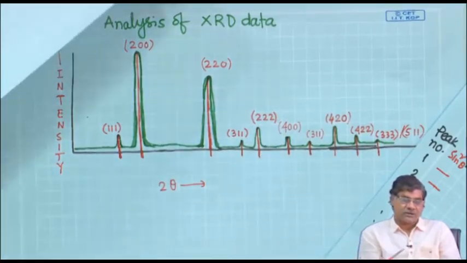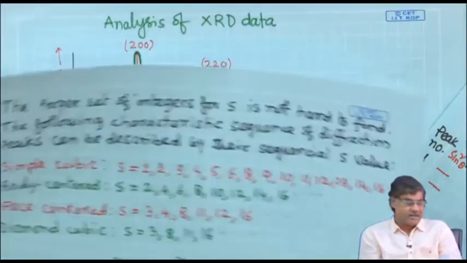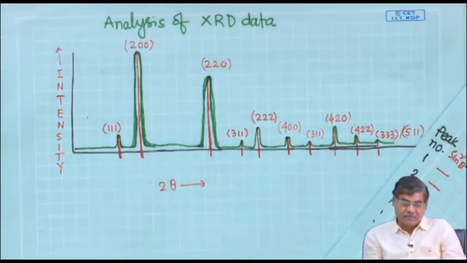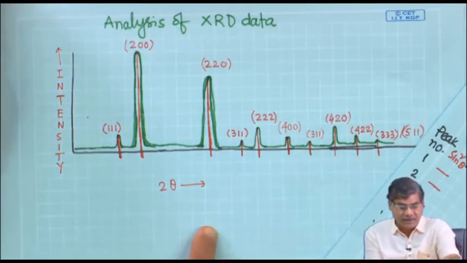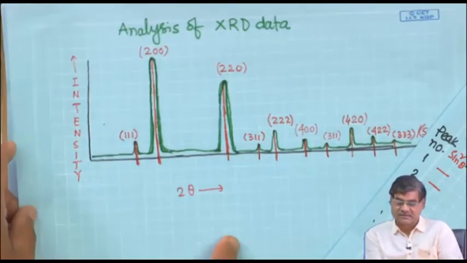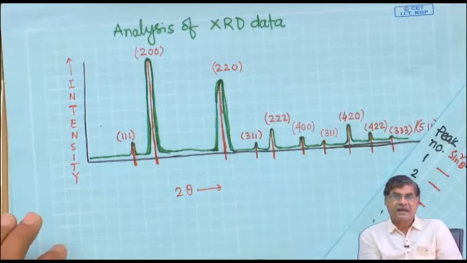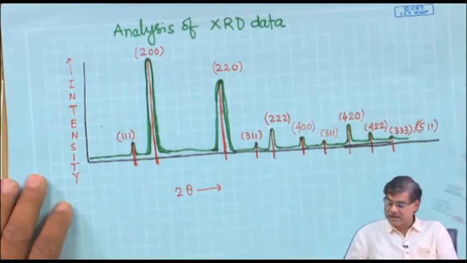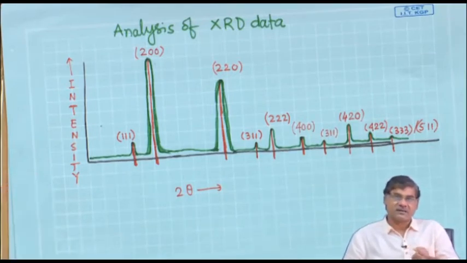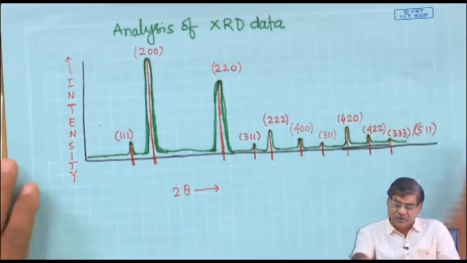So this way one can identify the peak, and also one can tell what the structure is. I discussed this taking the example of a simple crystal, because this is the easiest one, but for others you can do it also.